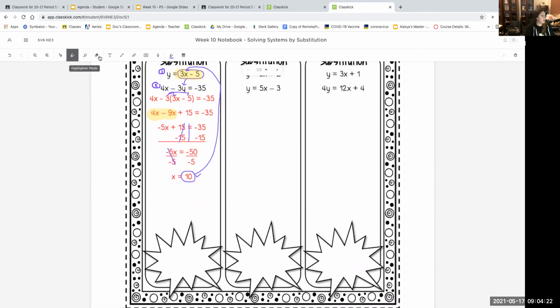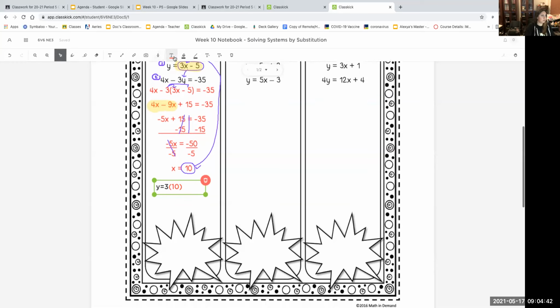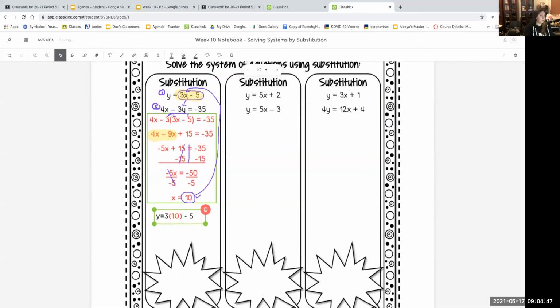All right. So again, I'm going to type and then I'll move those pieces from the bottom up. So I get y equals 3, but then in parentheses, I'm going to type in that 10, minus 5. y equals 3(10) minus 5.